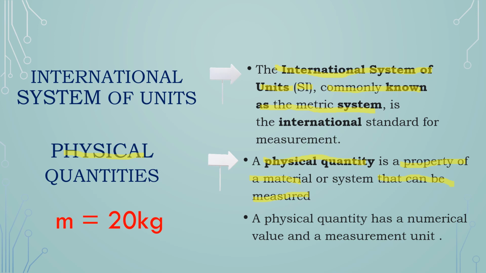We can represent a physical quantity by the symbol of the quantity, the numerical value, and a measurement unit. Example, m. m is a mass, and mass is a physical quantity. Here we represent mass with a numerical value and a measurement unit, which is kilogram.